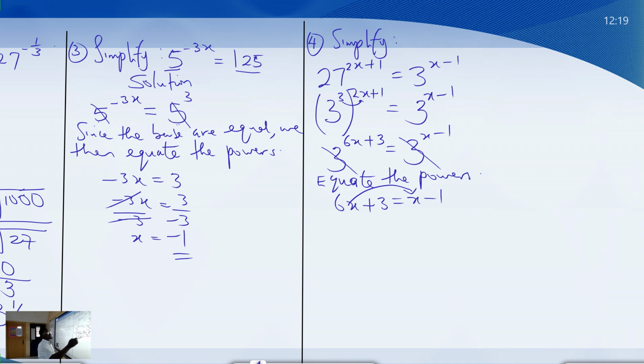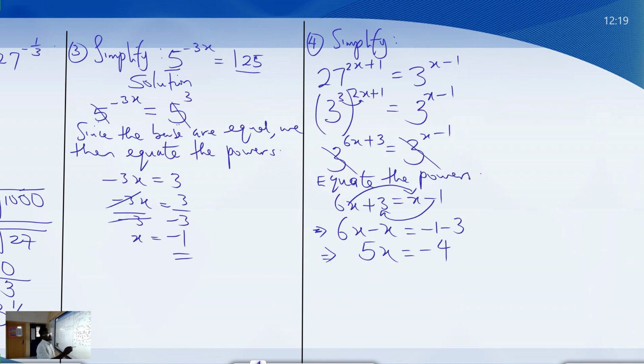So this we go here, meet x, bring the same member of family together, 6x minus x equals, this will come and meet this one here and becomes negative 3. So 6x minus 5x, 6x minus x becomes 5x, which equals to what? Minus 1 minus 3 is minus 4, negative 4.